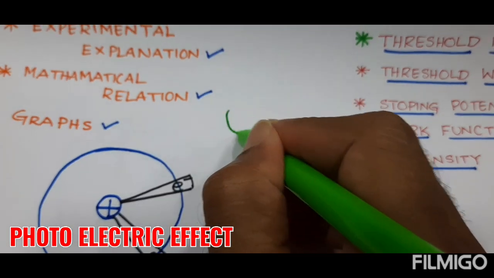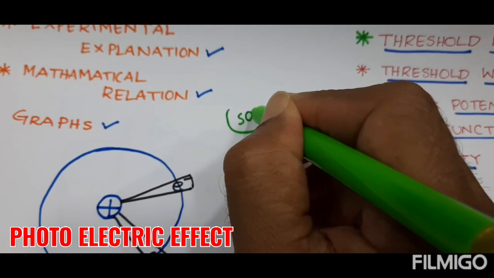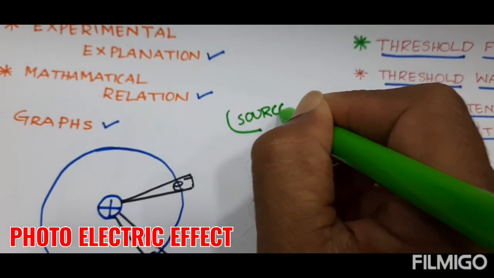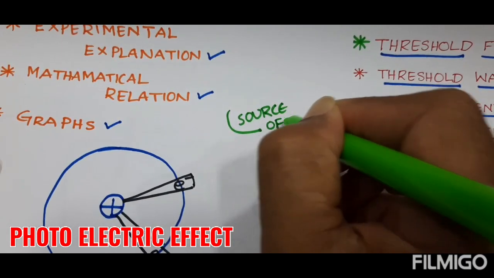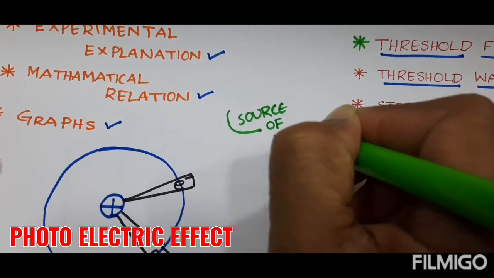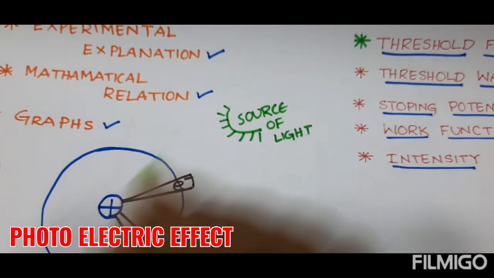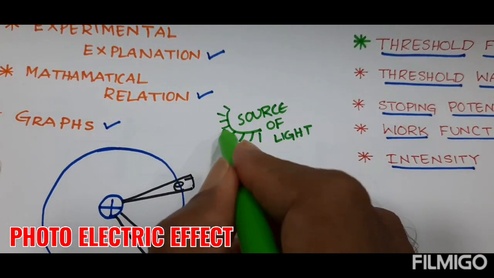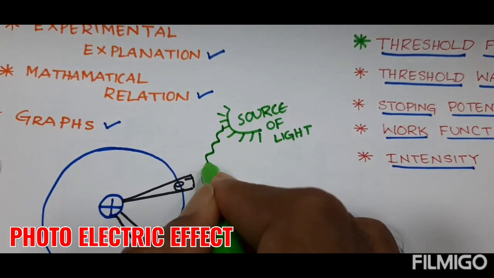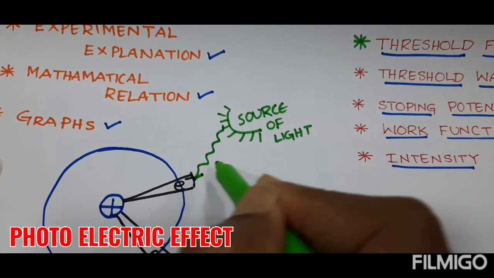This is the source of light. From here, radiation falls on or hits the electron.